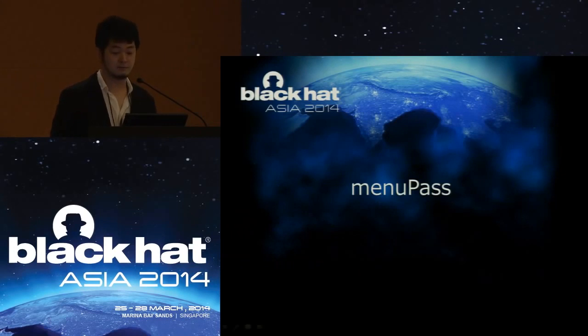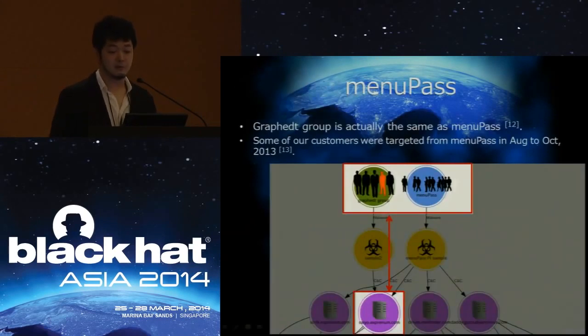Next, MenuPass. MenuPass is an APT actor using poison ivy, reported by FireEye. MenuPass is one of our motivations for this research. Because MenuPass targeted our customers last summer, we analyzed this group's poison ivy and PlugX samples, and finally we specified this.